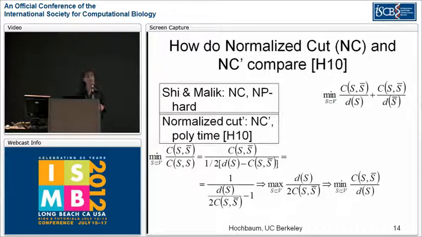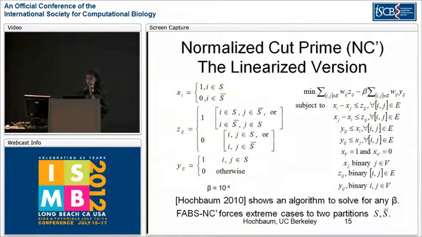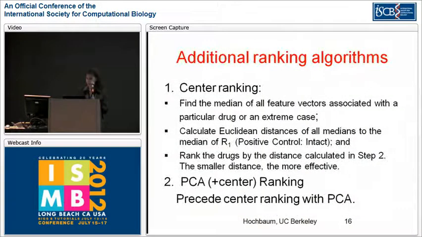This is to minimize the cut divided by the sum of weights of nodes inside the set S, plus the cut divided by the sum of the corresponding weights of nodes in the outside set. This problem is NP-hard, whereas the problem that I showed you is actually polynomial time solvable. So that makes it very effective. Okay, this is the formulation, and I'll skip that.